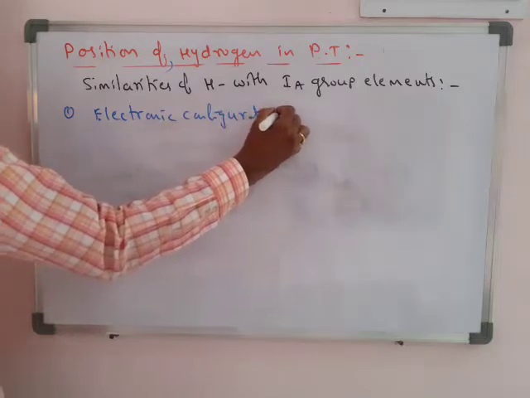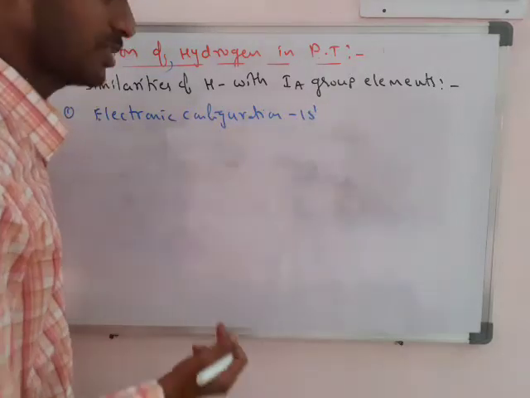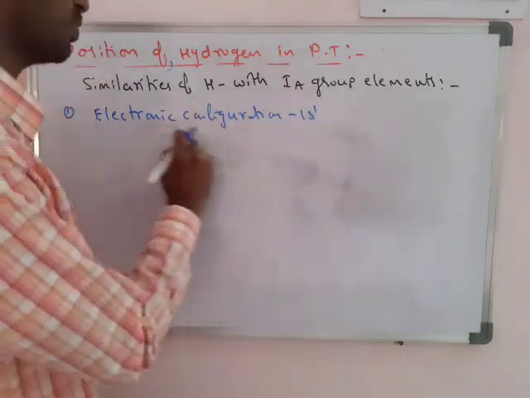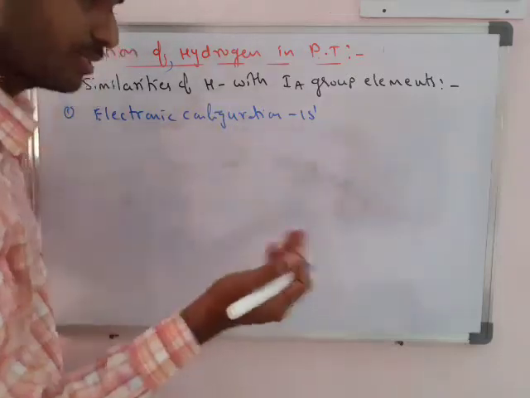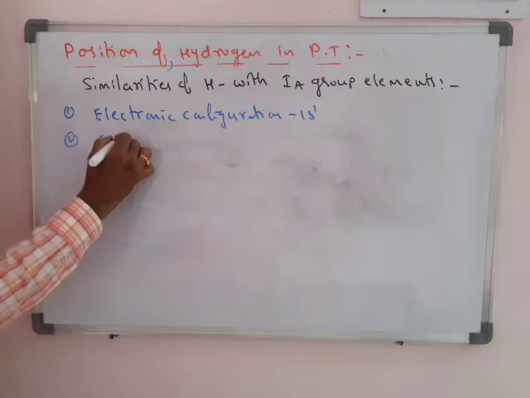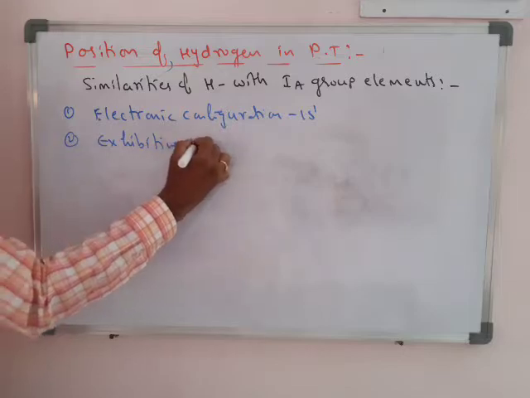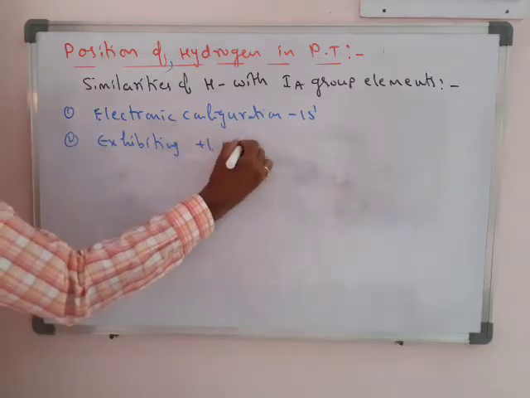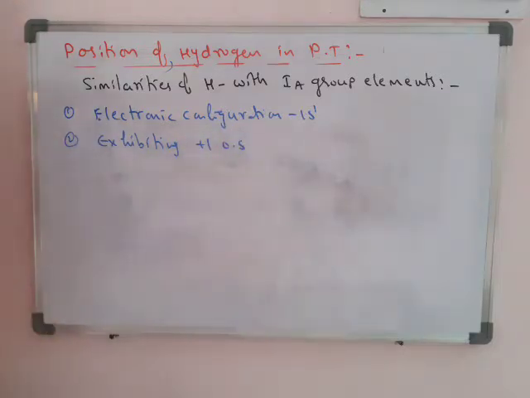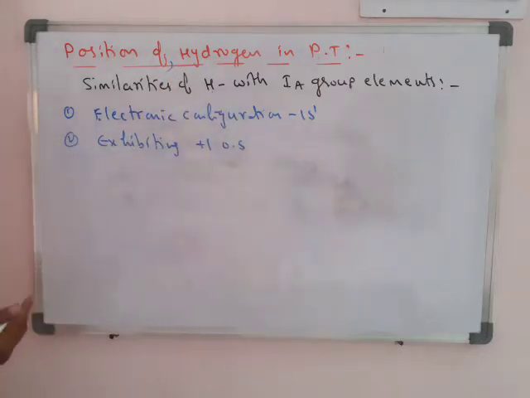The electronic configuration of hydrogen is similar to 1A group elements, whose electronic configuration is ns1, that is 1s1. This is also similar. Next, exhibiting +1 oxidation state. Other 1A group elements also show +1 oxidation state.